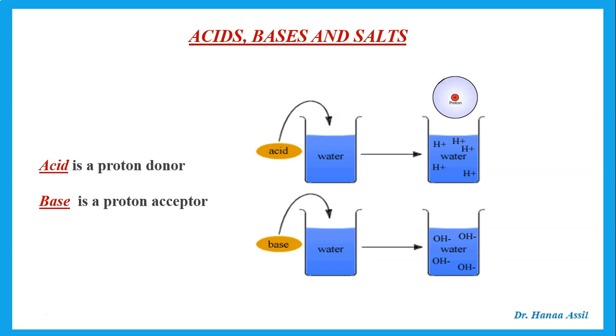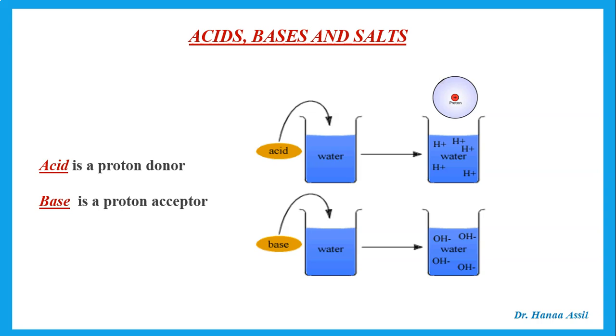So an acid is defined as a proton donor, something that gives H+. Remember that the presence of H+ in the solution is what makes it acidic. So if we say which ion causes that solution to be an acid, it's the presence of H+.